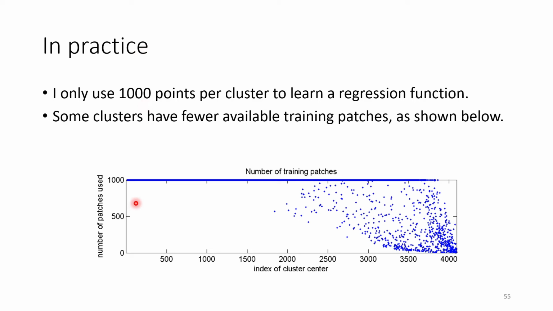For a cluster containing a lot of training points, it's very easy. In the beginning, every cluster can find 1,000 training examples. But for the real cases, it is less and less likely to find sufficient training points in a cluster.